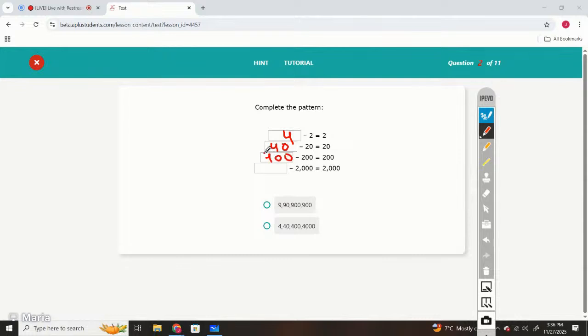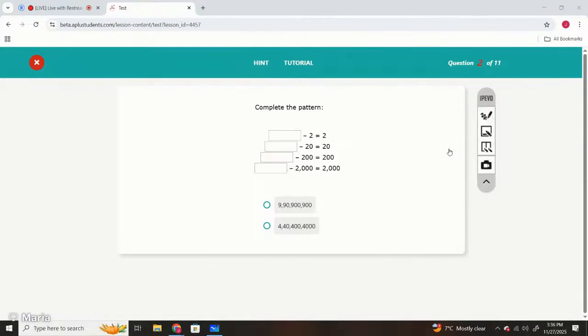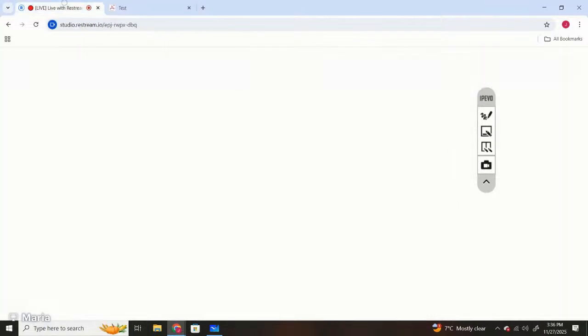And 400 take away 200 is 200. And 4000 take away 2000 is 2000. So the correct option is option number 2. They are 440, 400 and 4000.